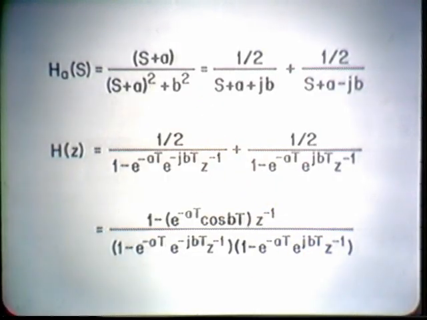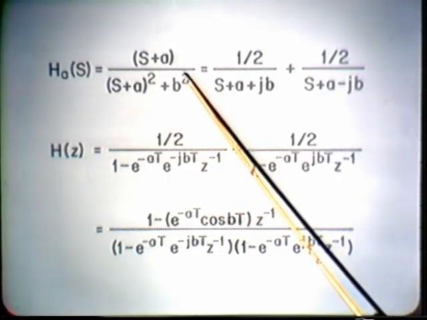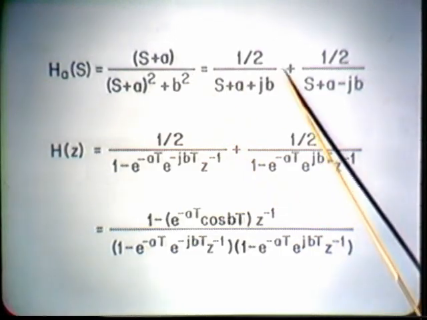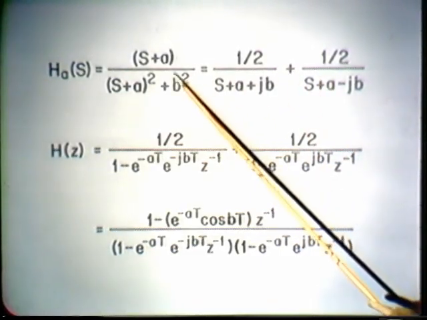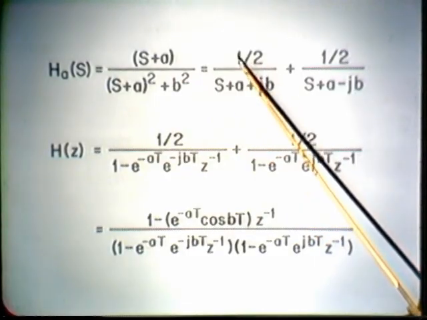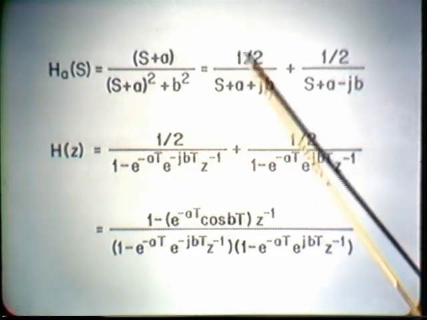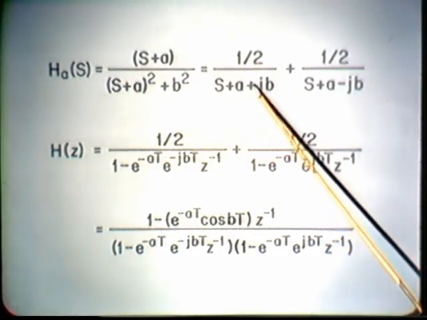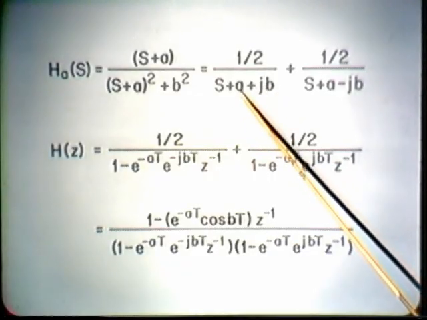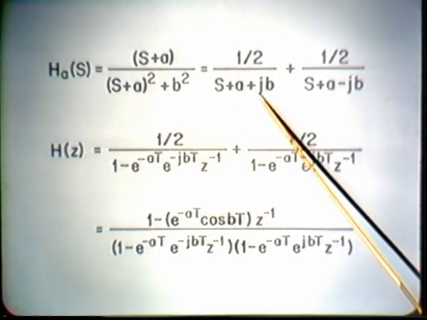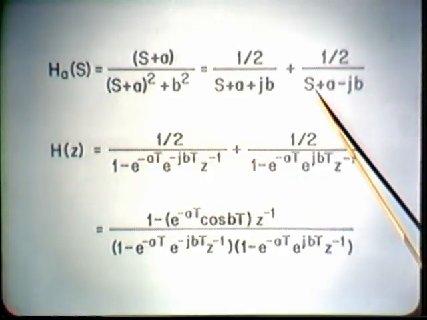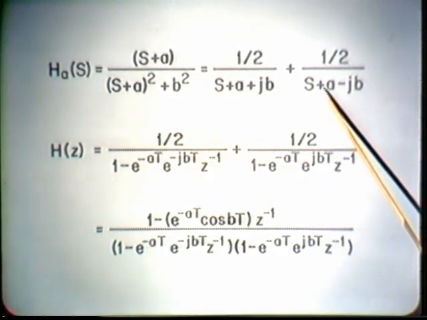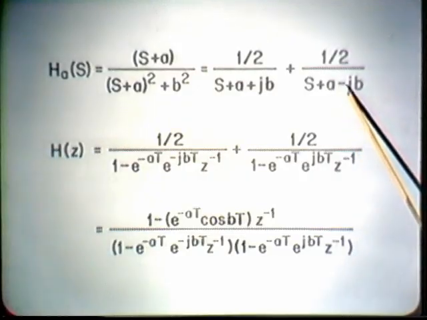For the impulse invariant design procedure, we want to expand this into a partial fraction expansion, and in that form, this system function becomes a half is the residue, divided by s plus a plus jb. The pole is then at minus a minus jb, plus a residue of a half over s plus a minus jb. In other words, a pole at minus a plus jb.